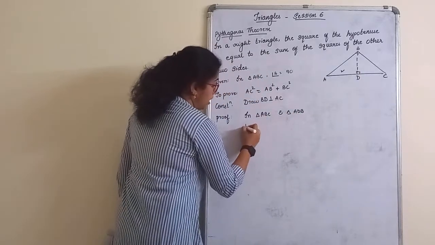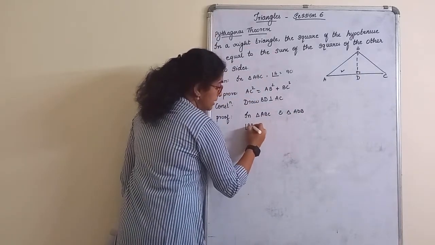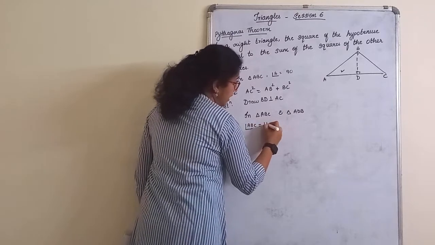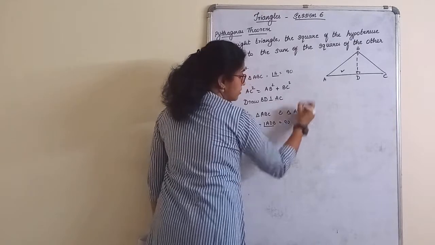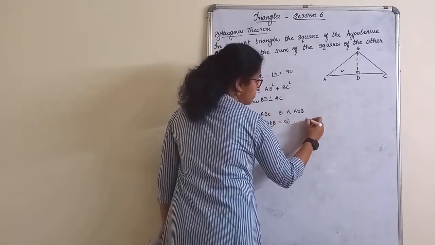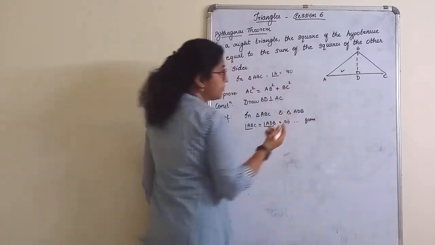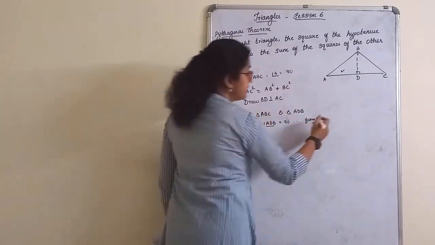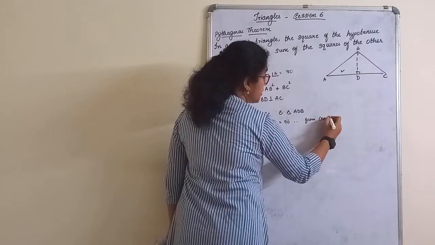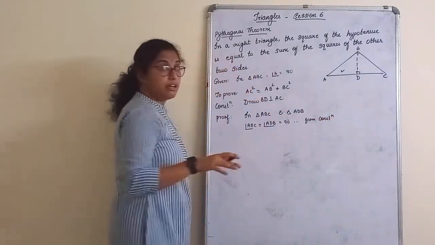Angle ABC is equal to angle ADB is equal to 90 degrees. From the given, angle ABC was 90 degrees. Angle ADB is also 90 degrees from the construction, because BD is perpendicular to AC.